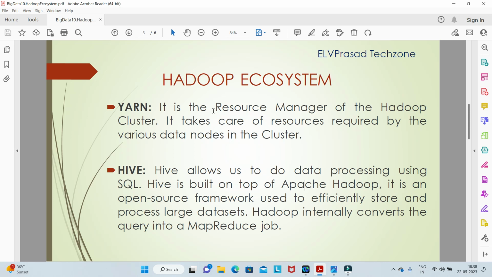As we had seen for the map reduce job, a map reduce job will be created, in that map and reduce phases will be there, and the processing will be done. Instead of that, here we can write SQL queries, using which Hadoop internally converts those SQL queries into map reduce jobs, and it will process the jobs.